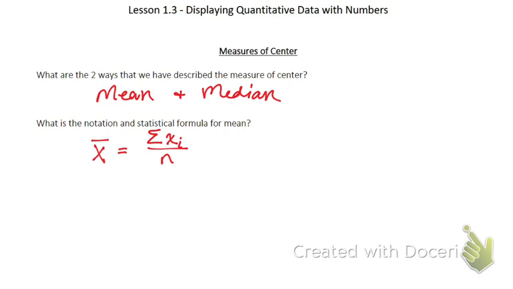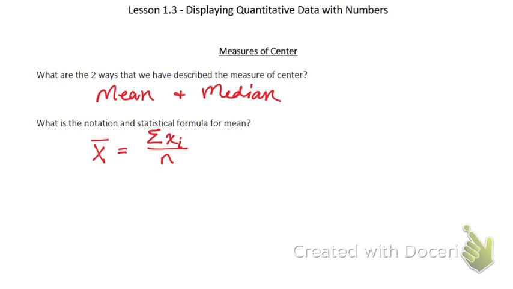Miss Lakey, you just broke my brain. This little sigma, this is a capital sigma. It stands for sum up or add up. What do you have to add up? All the X numbers, all the X values. X sub i, meaning it's X number 1, X2, X3, X4, X5. It's X for however many numbers there are.